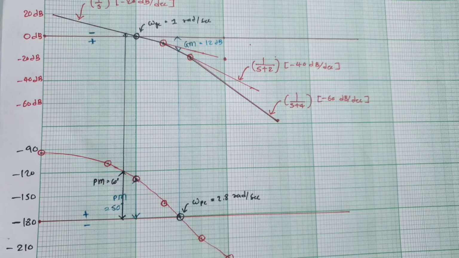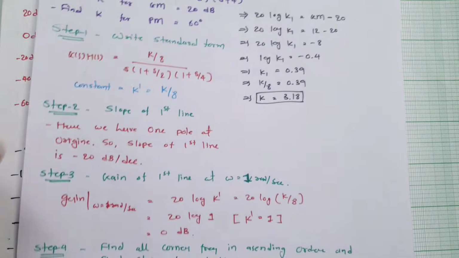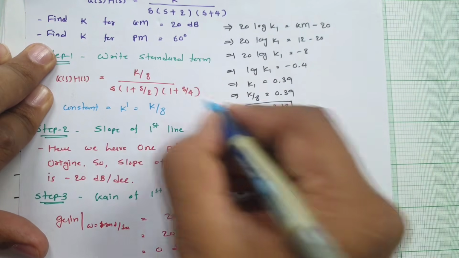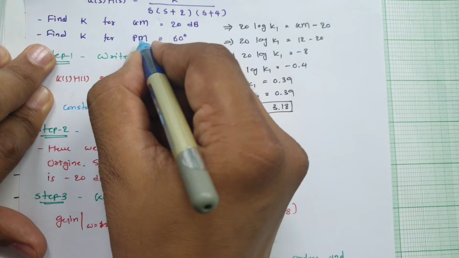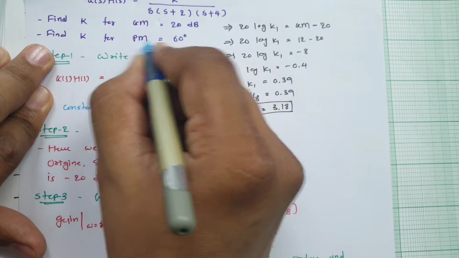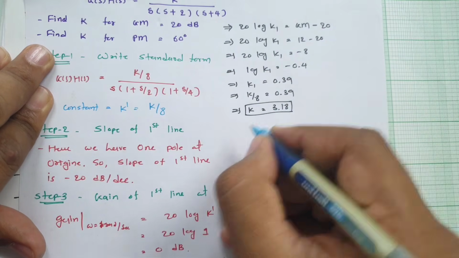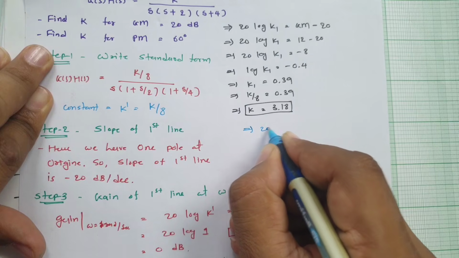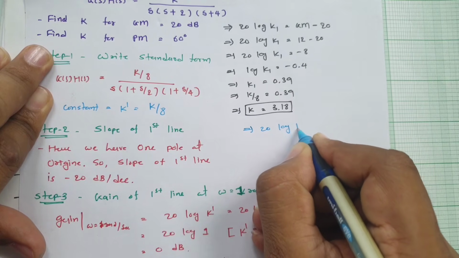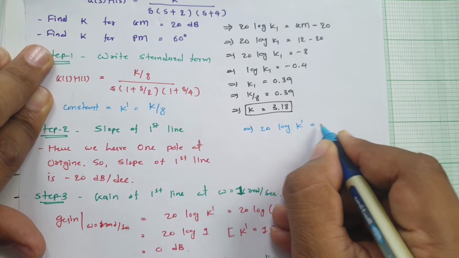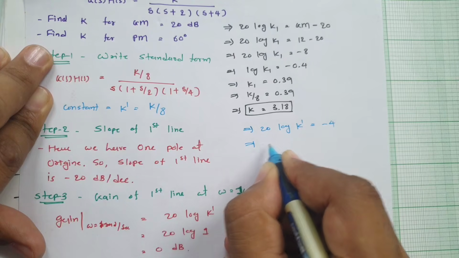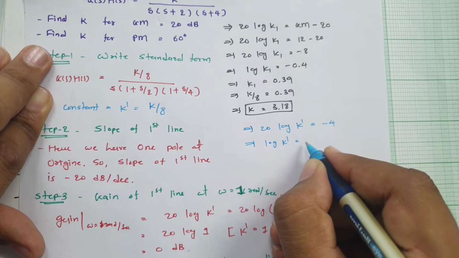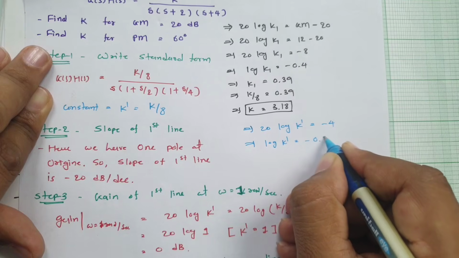So for the calculation of K, I am considering that at phase margin 60 degrees, gain margin is minus 4. So I just need to place that here. 20 log of K dash equals minus 4, so log of K dash equals minus 0.2.